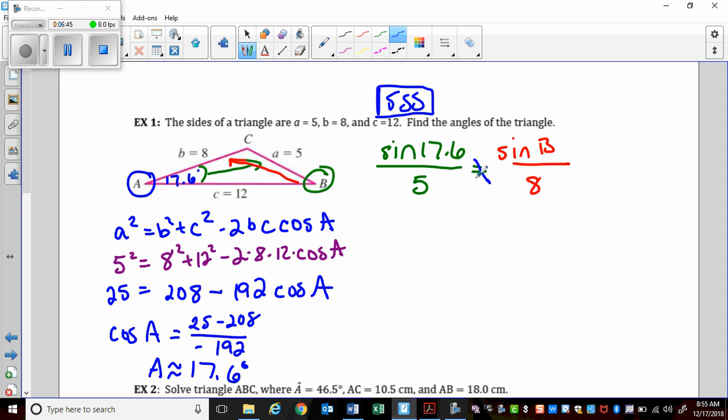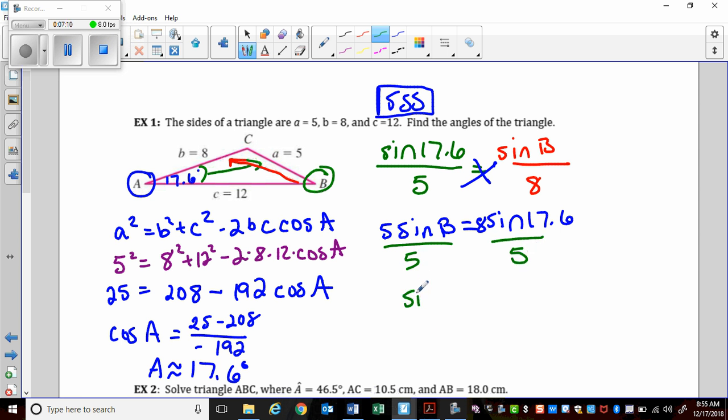When we cross multiply, I have sine of B times 5 equals sine of 17.6 times 8. Remember that 8 cannot multiply times that 17.6. To solve for sine of B, I divide every side by 5.